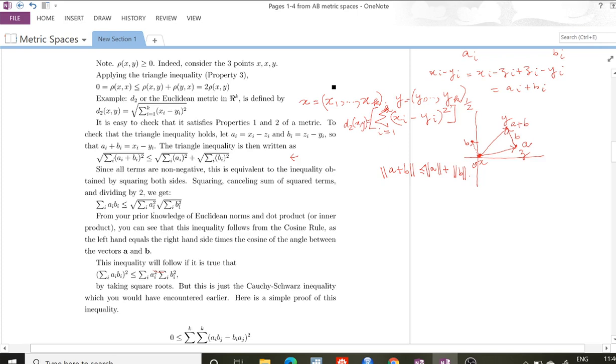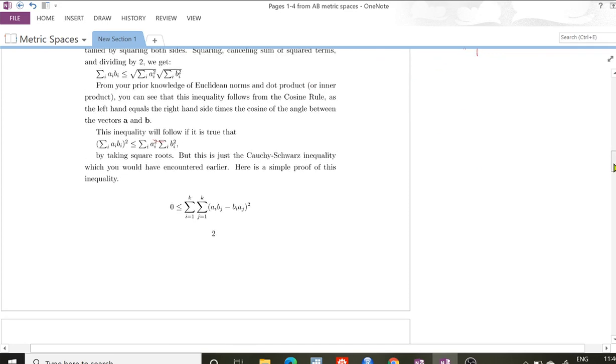If you put it in this form, you can see that it sort of follows from the cosine rule. But just for the sake of completeness, the lecture notes have this simple proof of the inequality. And if you haven't followed the proof, you can talk to me.